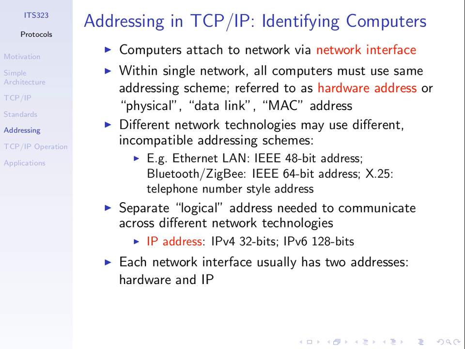Similarly, the computers on network B have hardware addresses associated with the technology they use. Let's say this is B3, B2, B1, B6, B5, and B4. On this network, we're using technology B. On the other network, we're using technology A. The address formats may be different.